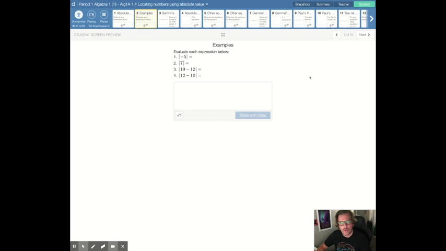This is just going to be a quick warm-up. You will evaluate each absolute value expression below. That should take you only about 2 minutes. And again, if you need any help at any time, I highly recommend reaching out to your Padlet groups. Remember, I will monitor those group-specific Padlets for interaction and collaboration during this activity.